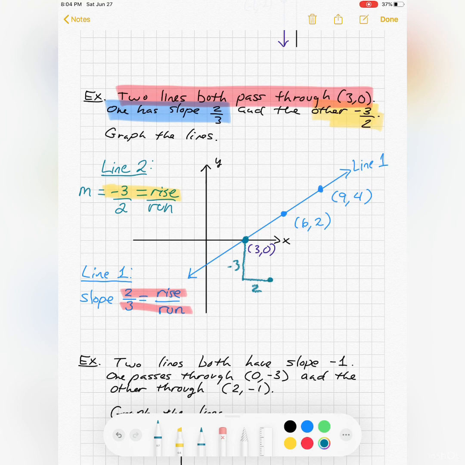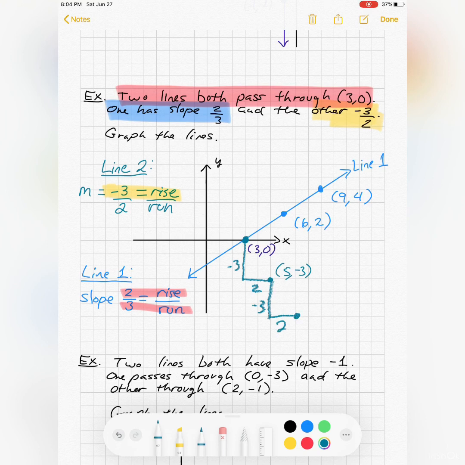So that'd be what, (5, -3)? Okay, so then again I can go, move that again. The y falls by 3 for every 2 unit increase in x.